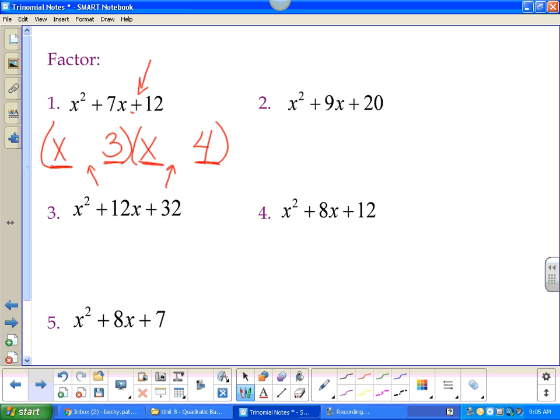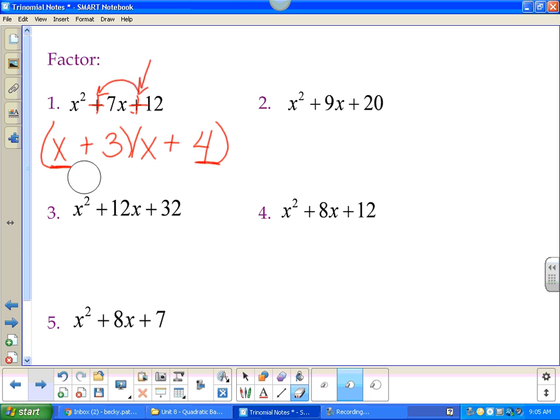When your signs are the same, they will be whatever the first sign is. So this one says they're going to be the same, and this one says, okay, they're both going to be a positive. So plus, plus. And these sign rules will make more sense once we get off all the positives and positives. Now, that's my answer. X plus 3 times x plus 4.